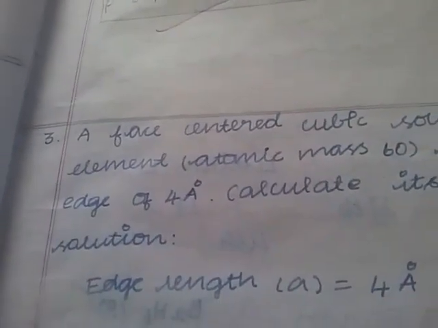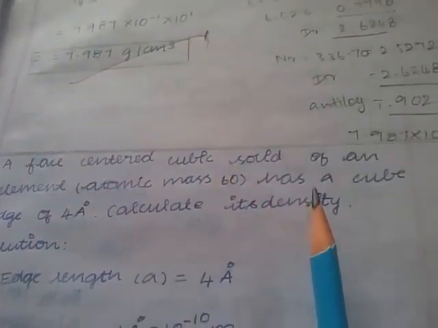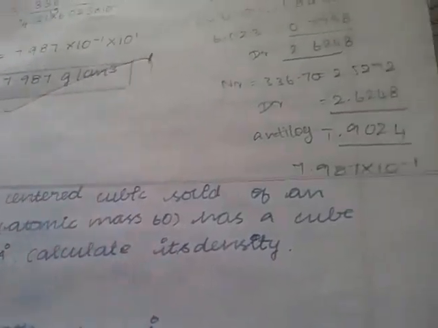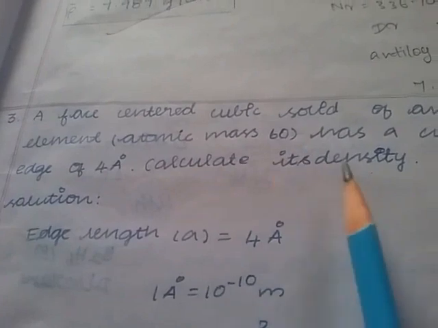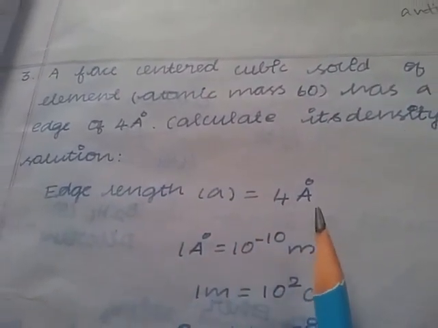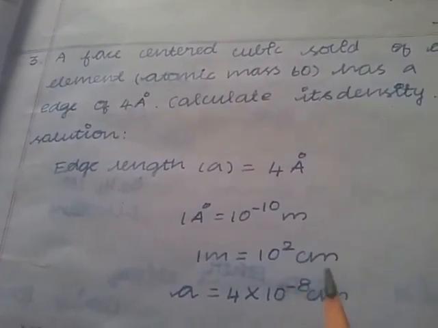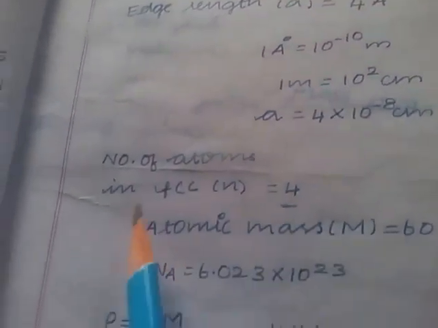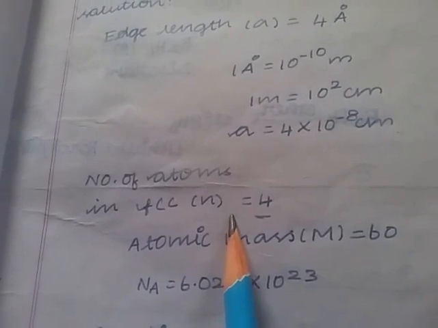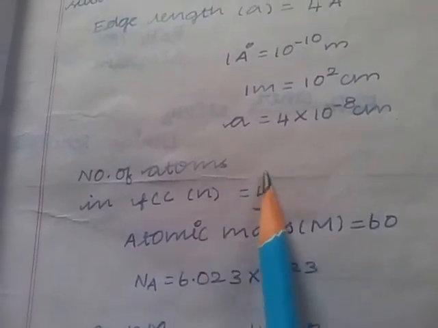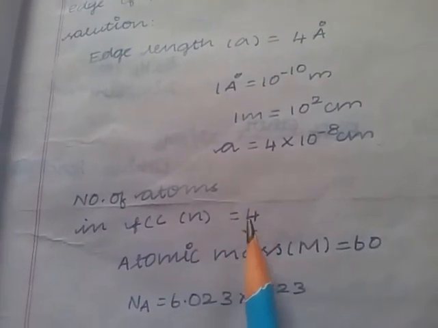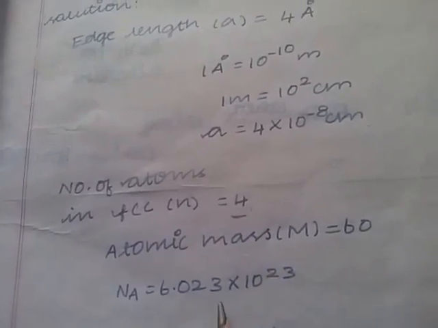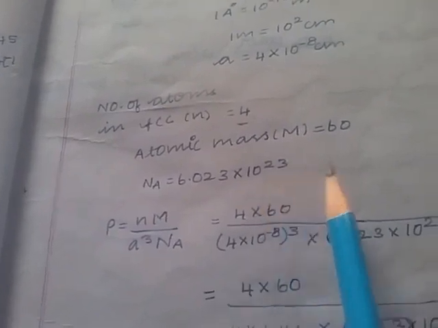Now next, the third sum. A face-centered cubic solid of an element of atomic mass 60 has a cube edge of 4 angstrom. Calculate its density. The edge length is given as 4 angstrom. Convert that into centimeter, so 4 into 10 power minus 8 centimeter. Since it belongs to a face-centered cubic unit cell, the number of atoms in this cell equals 4. The atomic mass is already given as 60 and the Na value equals 6.023 into 10 power 23.